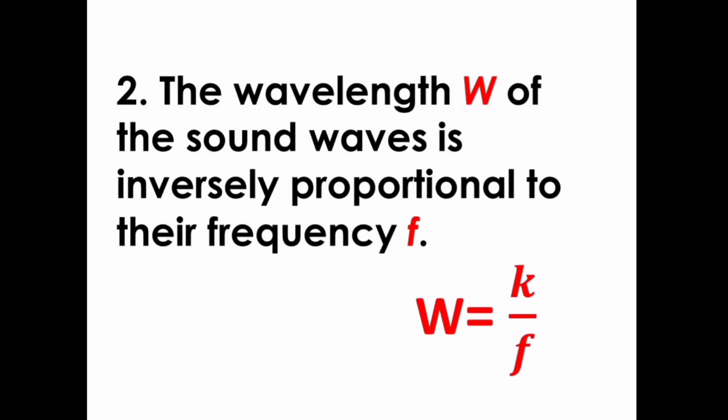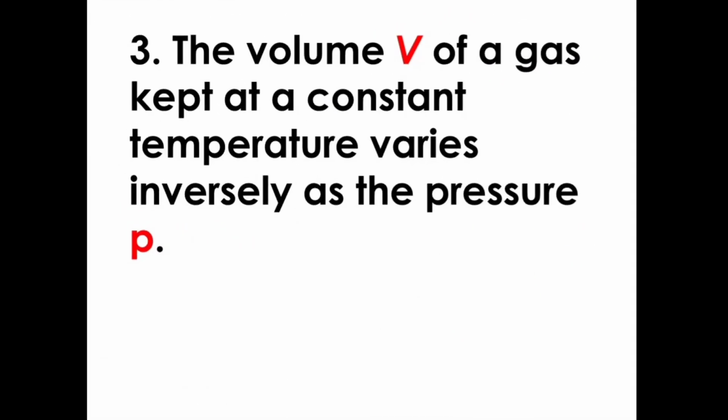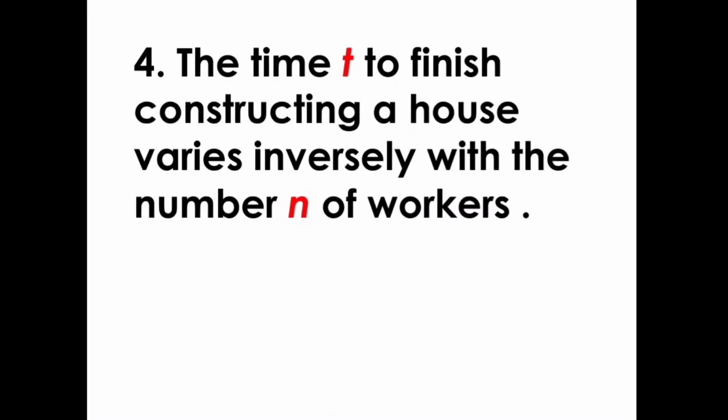Let's proceed to the third example. The volume V of a gas kept at a constant temperature varies inversely as the pressure P. What is your answer, class? V equals k over P. Fourth example: the time T to finish constructing a house varies inversely with the number N of workers.